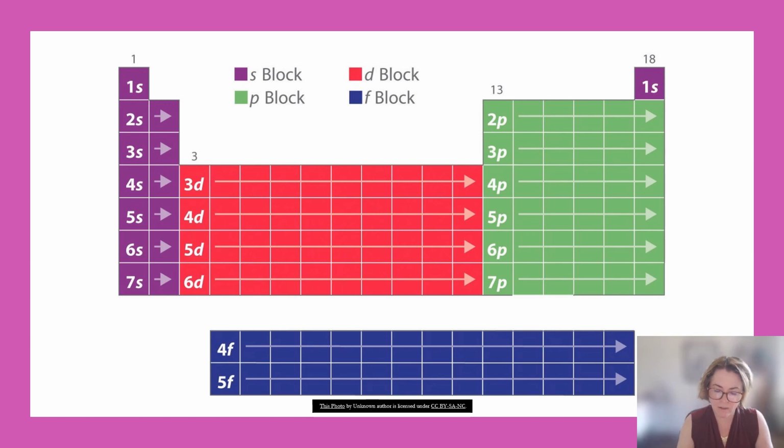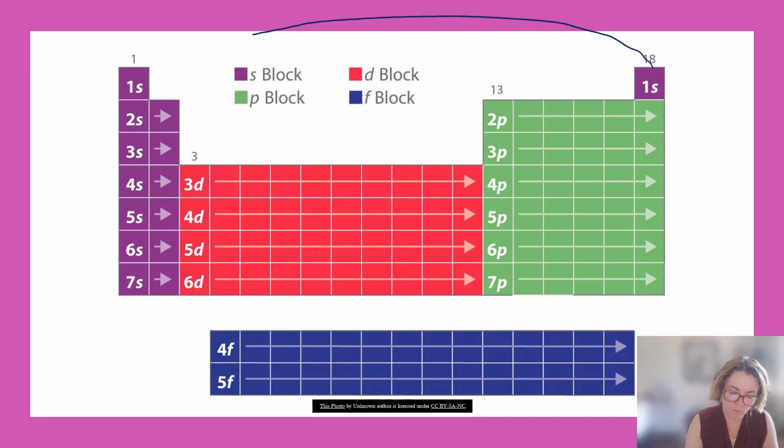Remember that helium over here really goes here. But you notice that going across that first row, we're talking about the S block, and that is labeled with a 1 in front of it. And if I go down to the second period, that is labeled with a 2, for the S's and also for the P's.